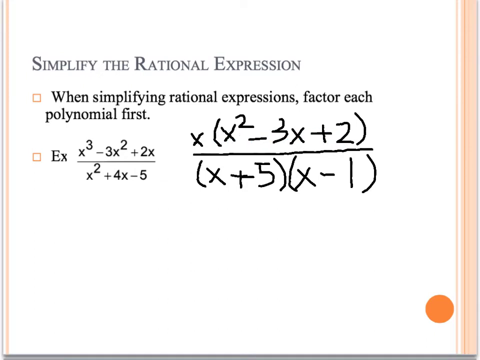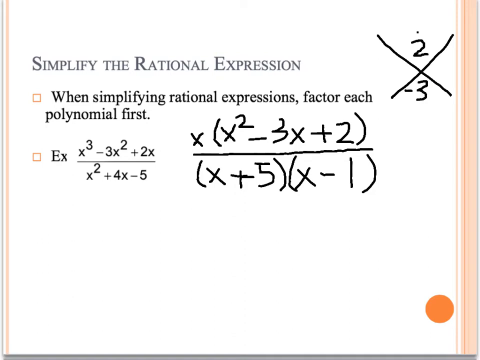Alright, the next thing I notice is this trinomial up here is factorable, so I'm going to factor it, and I'll draw the x this time so we can see it. Remember, I need two things that multiply to the coefficient of the squared term times the constant, which is 2, but those same two numbers have to add to -3.